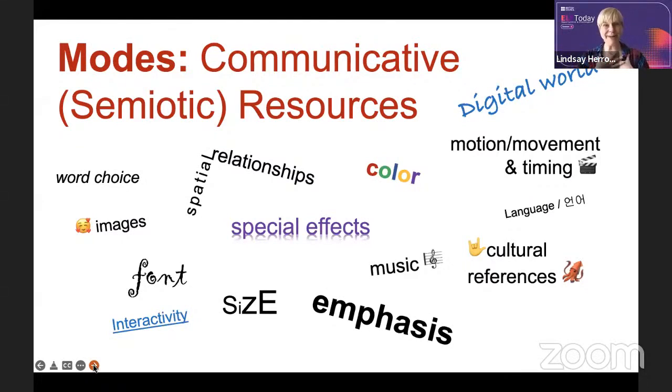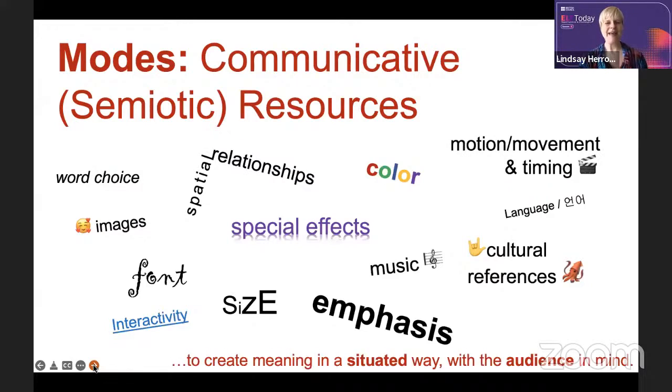So you have to not only understand your own way of making meaning, but the ways your audience will understand meaning. And that's a very high level 21st century skill, right? Communicating across difference. And remember too, that you're creating meaning in a situated way with the audience in mind, so that you can make good choices to communicate what you have in your head.